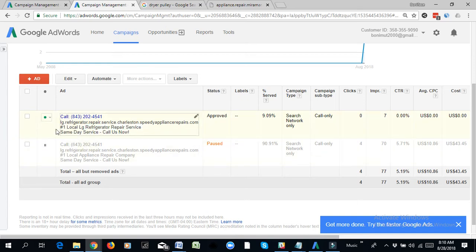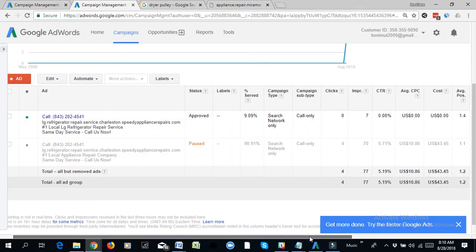The combination that we think converts a lot is number 1, local, plus the keyword, and just below it this call to action here, same day service, call us now. That's what we put. The other combination often works best for us, but we still try to do split testing. The reason we add another ad is to do split testing to see which one performs better than the other.